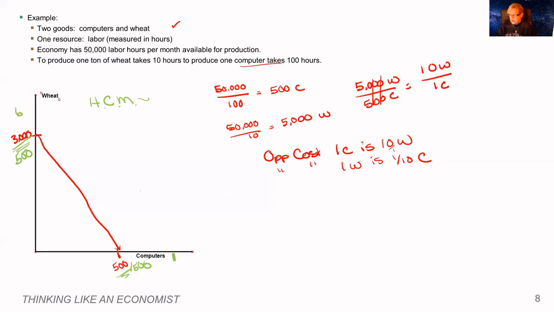So I have 1 computer to 6 wheat. So the opportunity cost of 1 computer is 6 wheat, and the opportunity cost of 1 wheat is, taking the reciprocal, 1/6 of a computer.